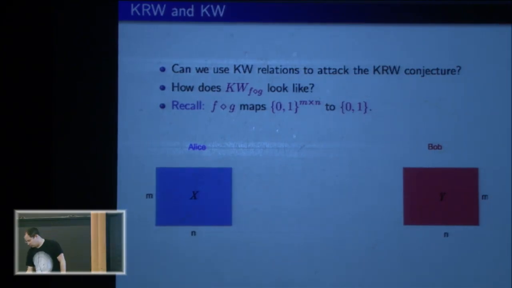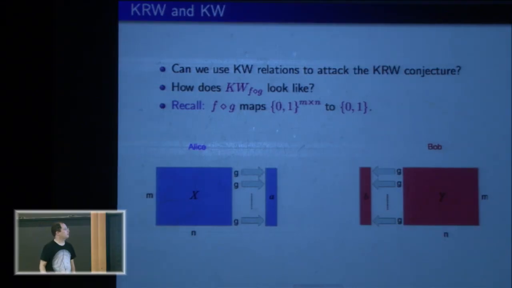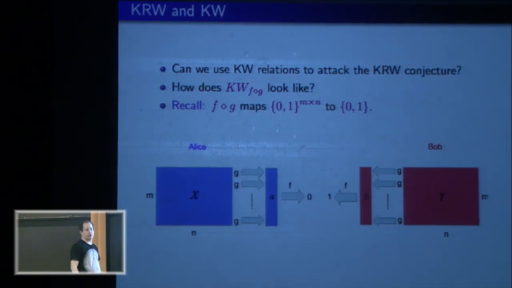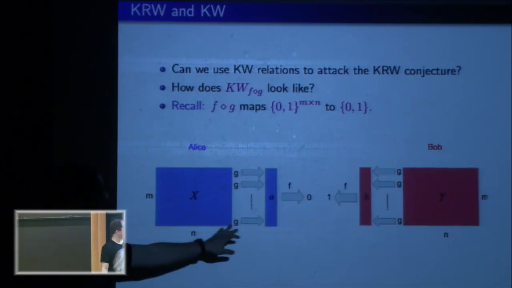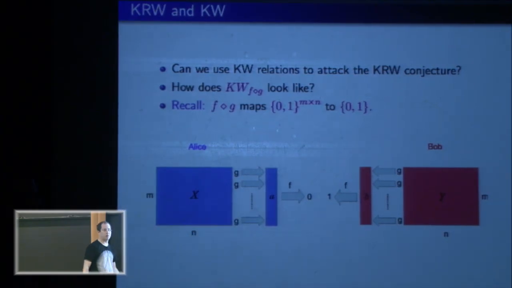What does this mean? It means that if we take the matrices and apply g to every row of those matrices, then we get new strings A and B, such that if we apply f to A and B, we get a 0 and a 1 respectively. Now, this is just the definition of composition, so this is the definition of the KW relation of the composition.